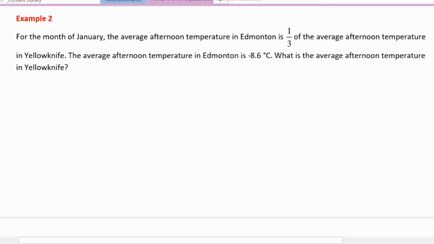Okay, let's move to the next question. Here it says the temperature in Edmonton is 1/3 of the average afternoon temperature in Yellowknife. I want you to highlight this. I'm going to use TE for the temperature in Edmonton. And "is" is the same as the equal sign in mathematics.